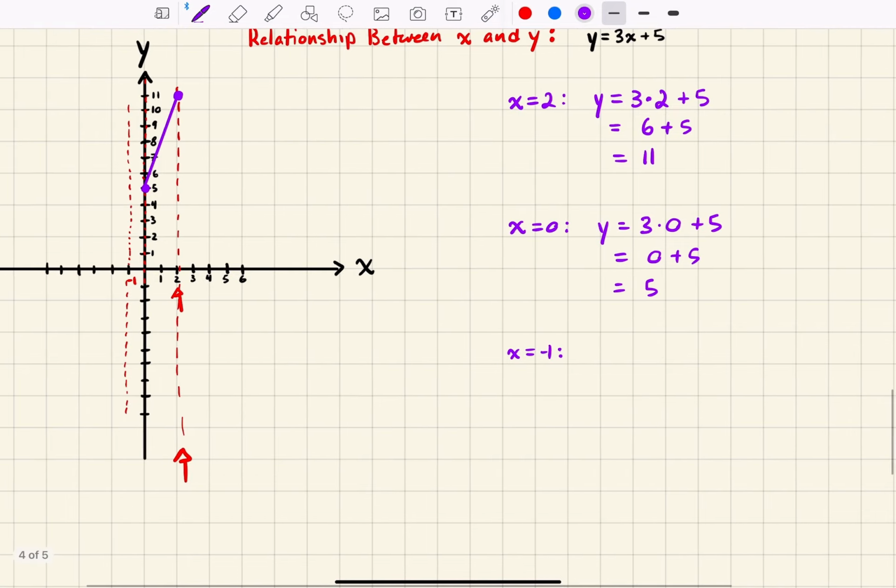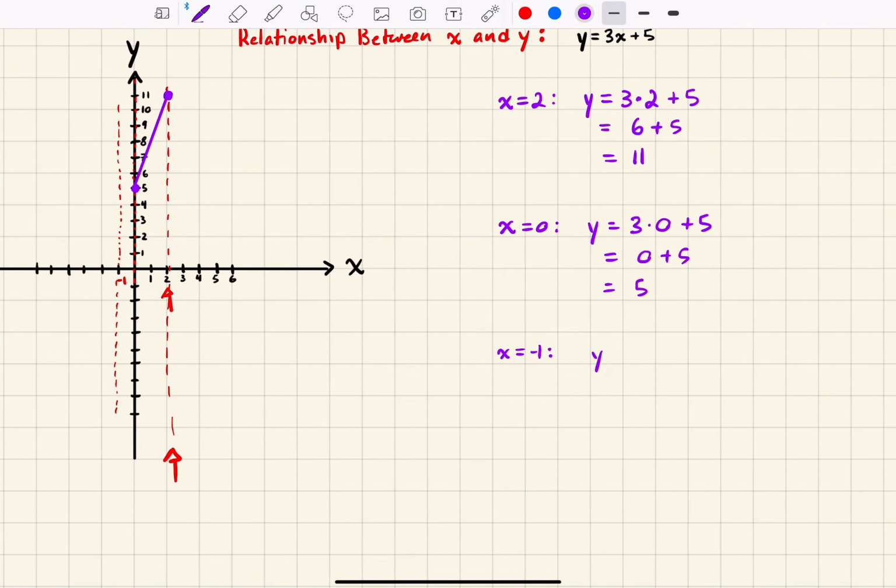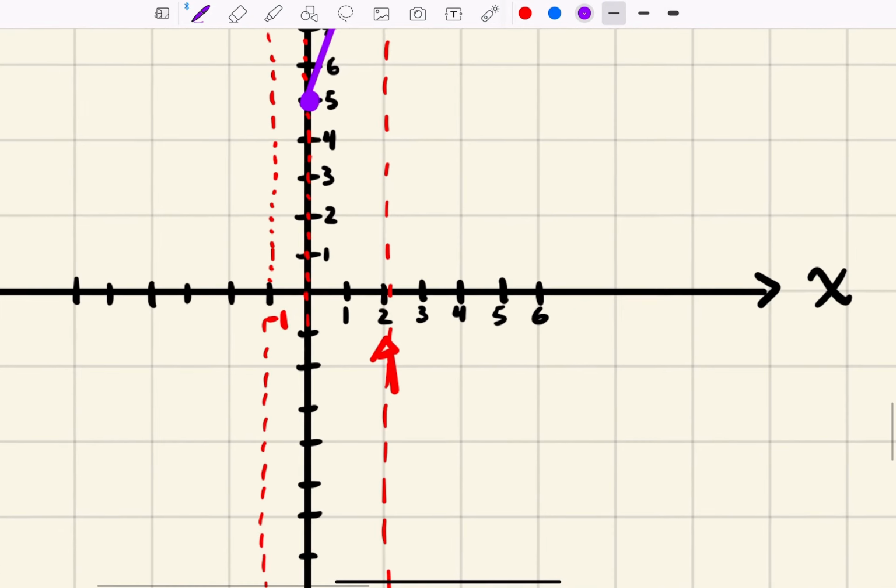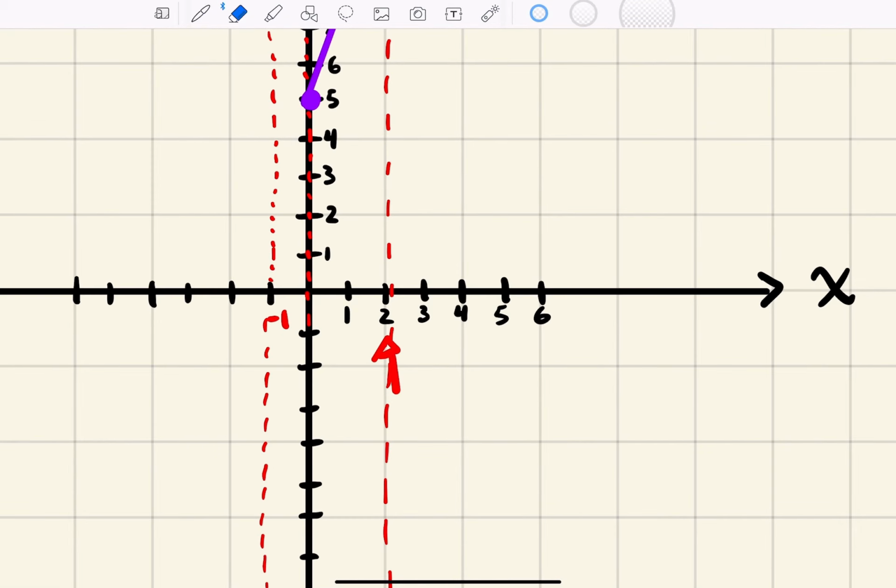So we're going to plug -1 into our equation. y equals 3 times -1 plus 5 gives us -3 plus 5 equals 2. Now we go over to that vertical line, x equals -1. We go up to y equals 2.